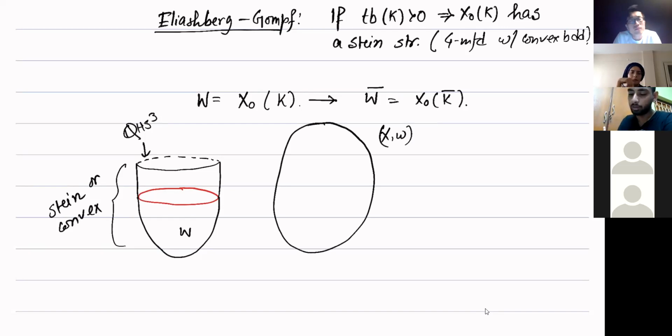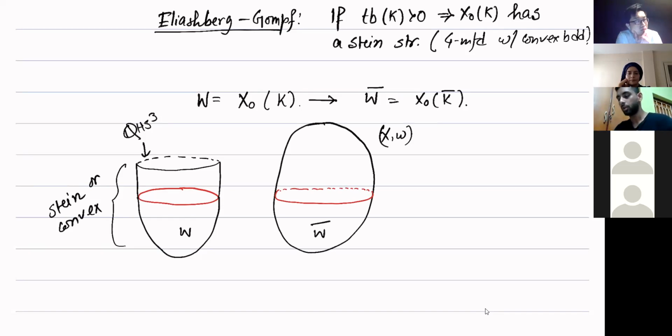And now we want to obstruct W bar from embedding here. So let's assume that W bar actually embedded here, and let's see if we can come up with a counterexample.